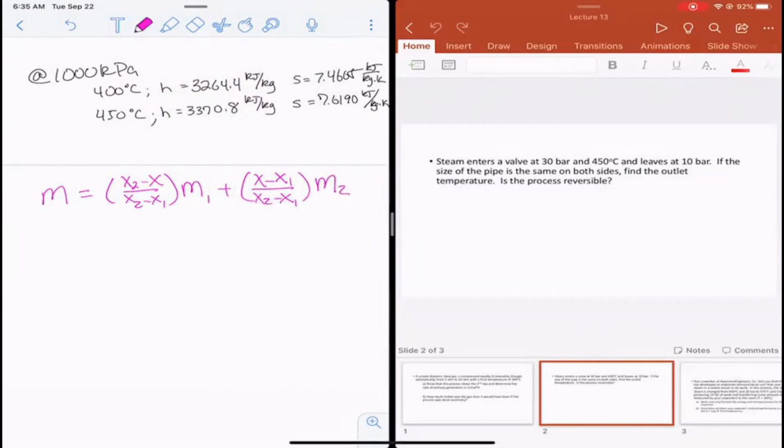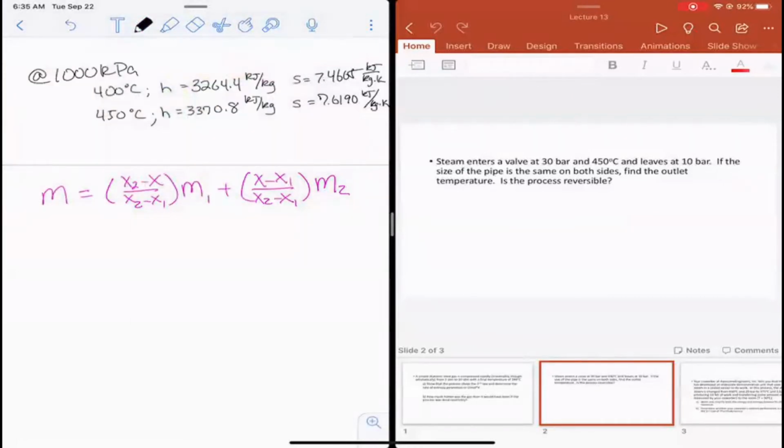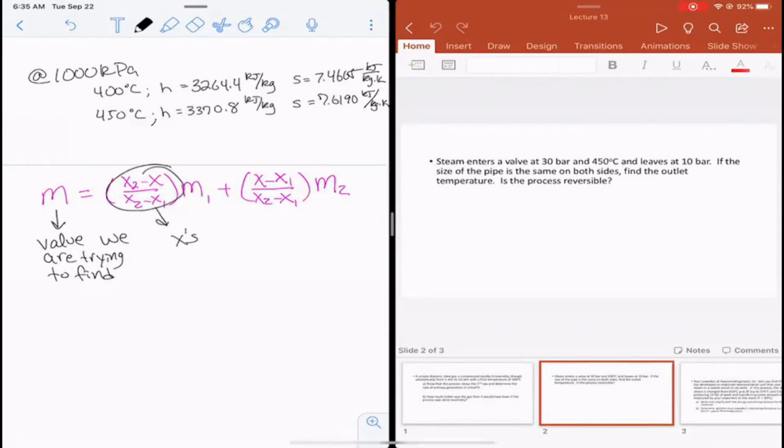Now, it might not be immediately obvious what it is that we're going to do with this equation, but one of the things that I can say at the very beginning is that you should understand that M is really the value we are trying to find. And the X's are values that we know.